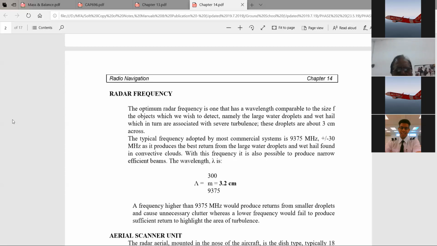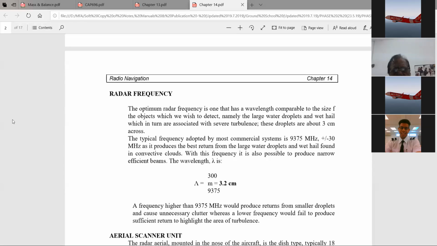As I said, all clouds are not dangerous. There are few clouds which are considered dangerous. The turbulence is totally related to the size of the water droplets. The larger the size of the water droplet, the more the turbulence. Now, when we have selected a particular frequency, we will get returns from the clouds with larger water droplets, which happen to be turbulent.